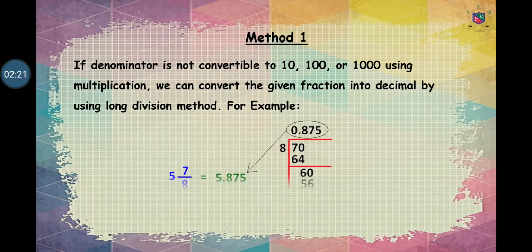For example, here we have the number 5 and 7 upon 8. Here 5 is the whole number and 7 upon 8 is the fraction.